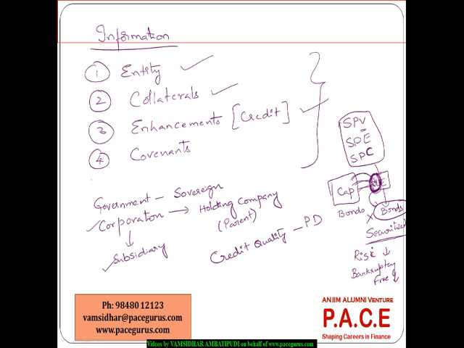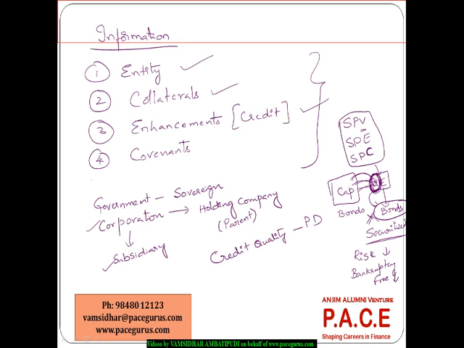Generally they are bankruptcy remote vehicles, and these assets that are owned are used for making the payment to the bondholders. Even if the cash flows are not sufficient, the existing assets would typically be sufficient to repay the principal as well as the interest payments.